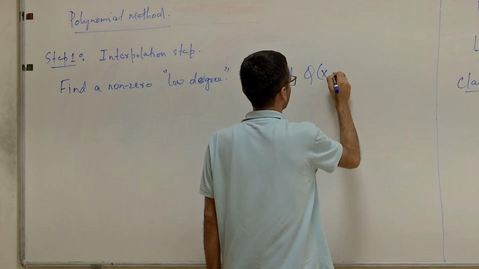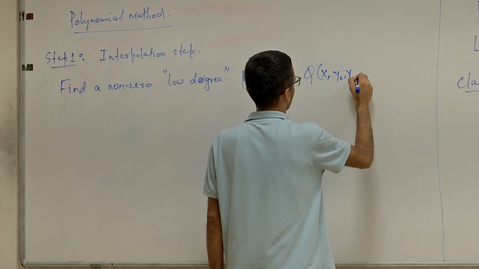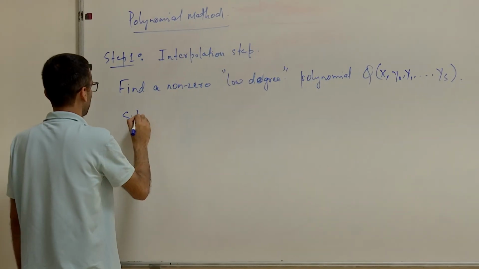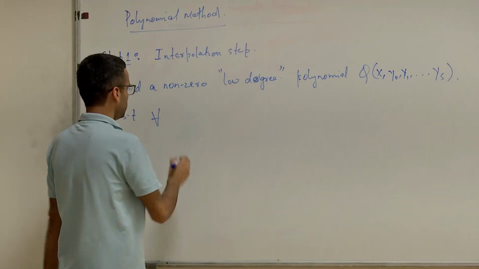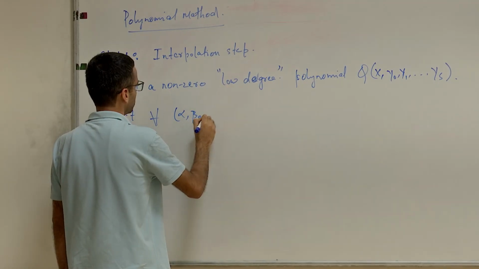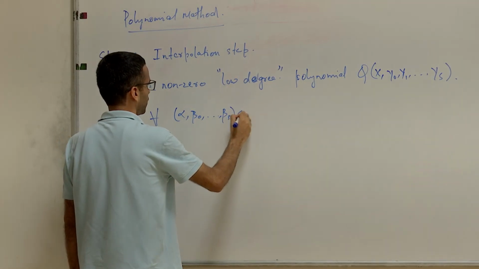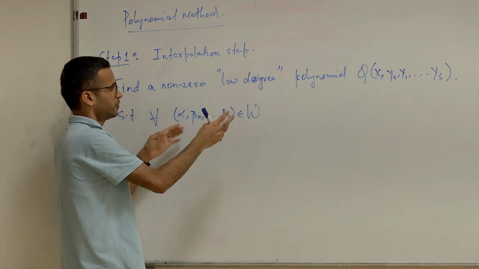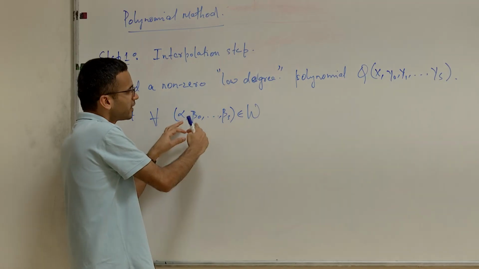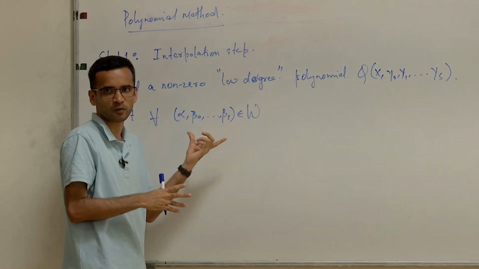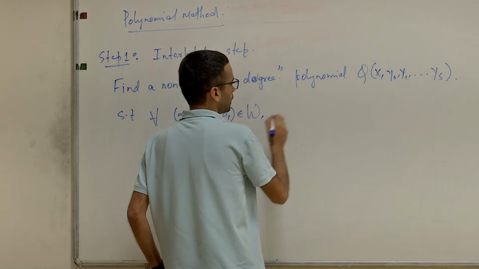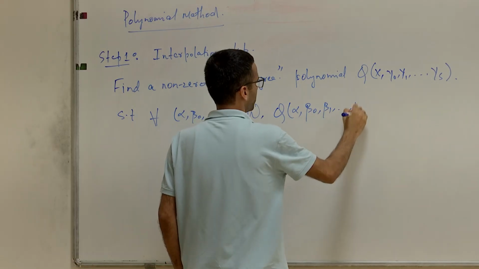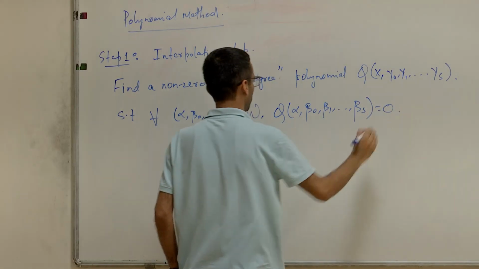Let's call it x, y0, y1 up to ys, such that for every alpha comma beta naught up to beta s in W. Remember, the points in W are s plus 2 tuples, and because of the way we had defined things, the first coordinate and the remaining coordinates are a little bit different, so we'll use this notation to distinguish them. Q of alpha comma beta naught, beta 1 up to beta s is 0.